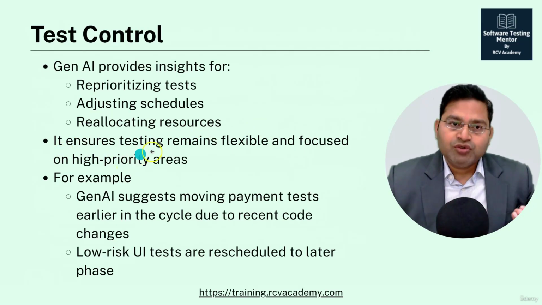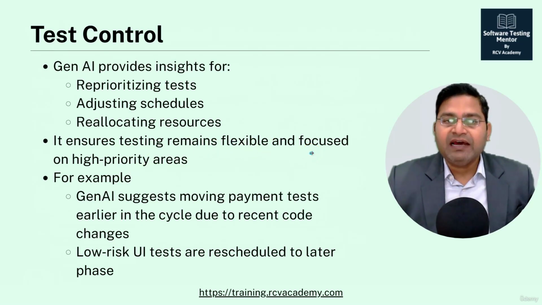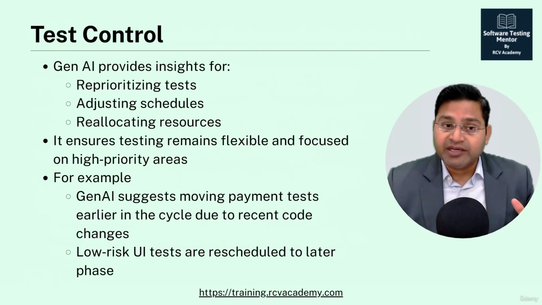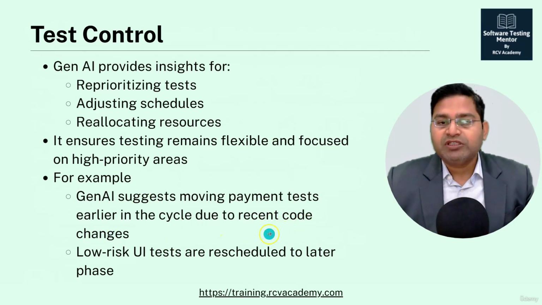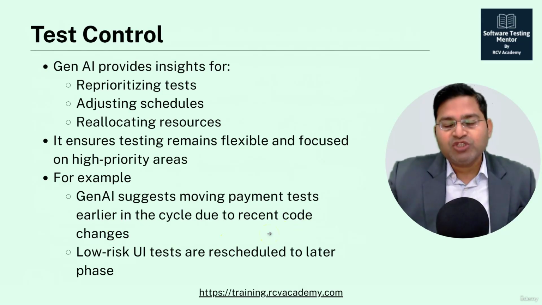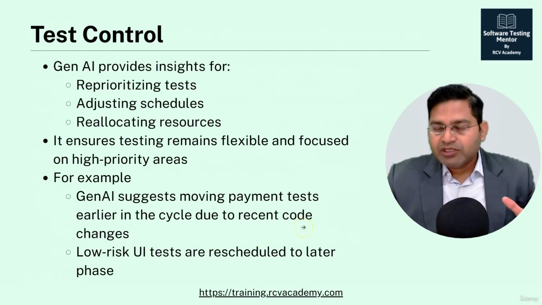Gen AI ensures testing remains flexible and focused on the high priority areas. For example, Gen AI can suggest moving payment tests earlier in the cycle due to recent code changes. Say you have payment tests scheduled later, but there are some code changes during the execution.